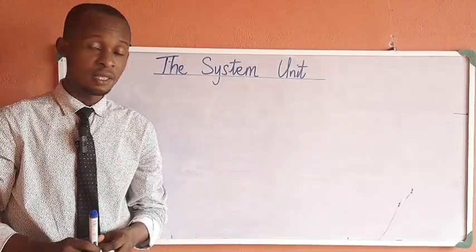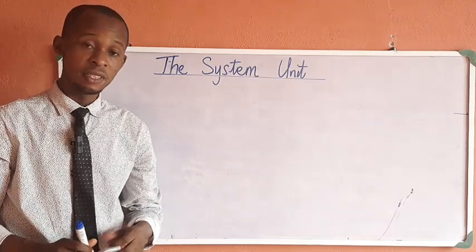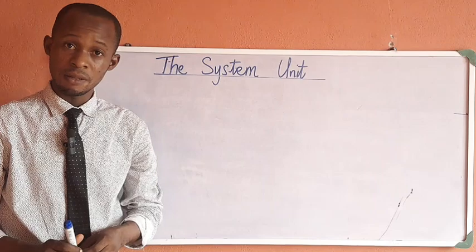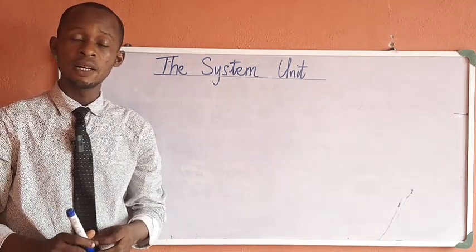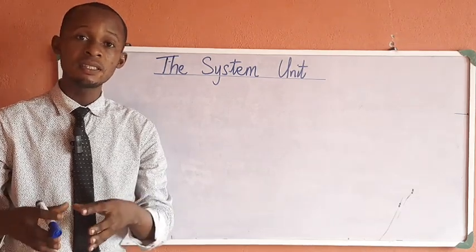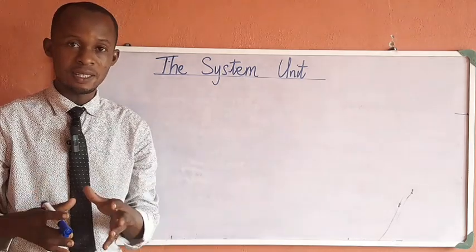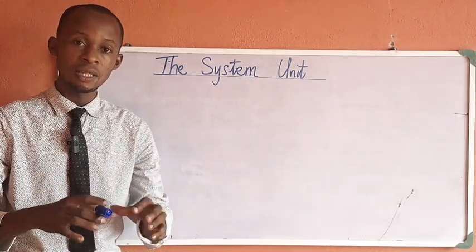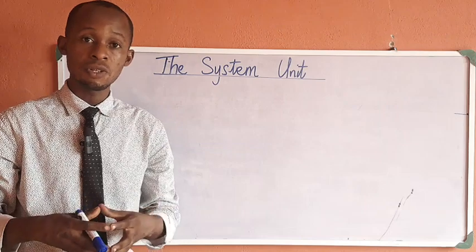This video is the continuation of the series I started on computer studies. In our previous video, we established that the computer system is the computer itself and the peripherals connected to it, other computer parts that are connected to it to make it function effectively.